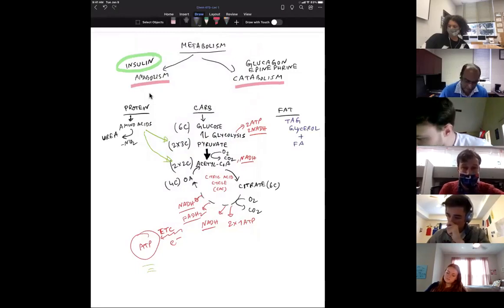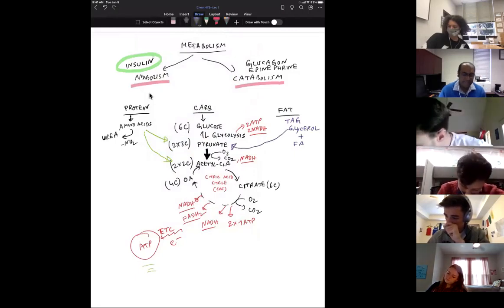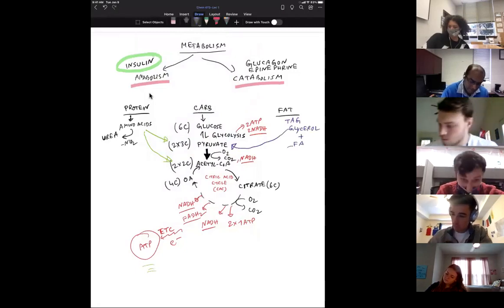Go back and revisit TAG. The glycerol can actually go to pyruvate and go back to glucose if needed. But fatty acid does not go to pyruvate. It only goes to acetyl CoA.